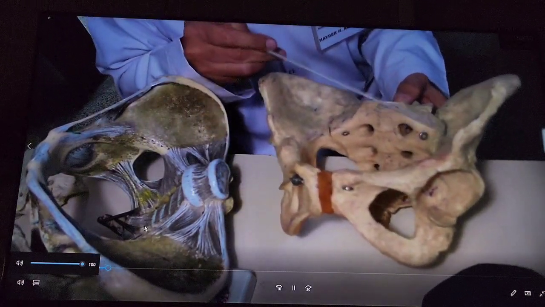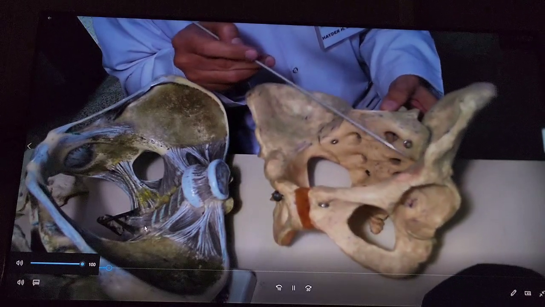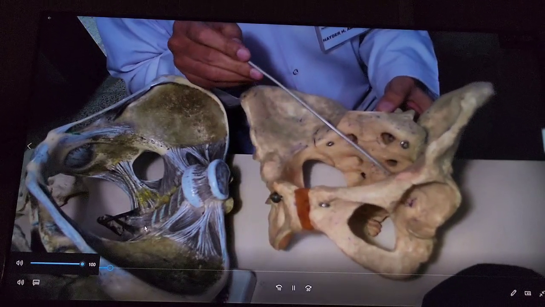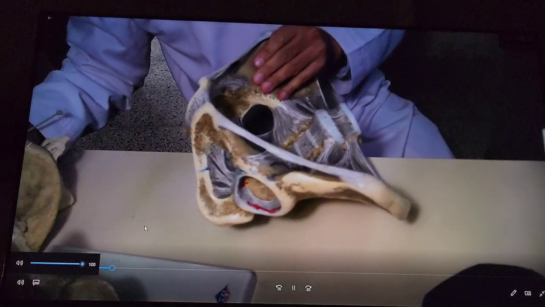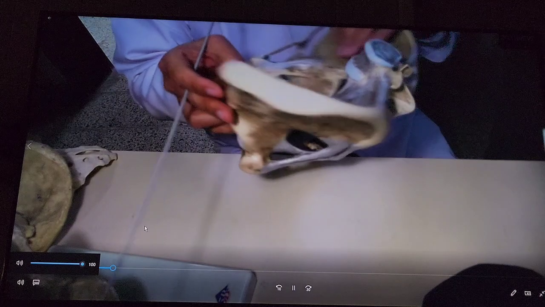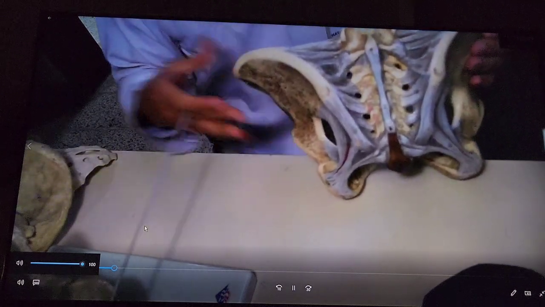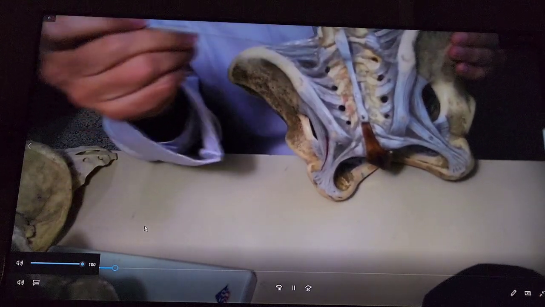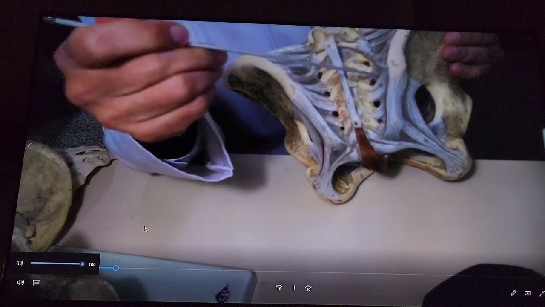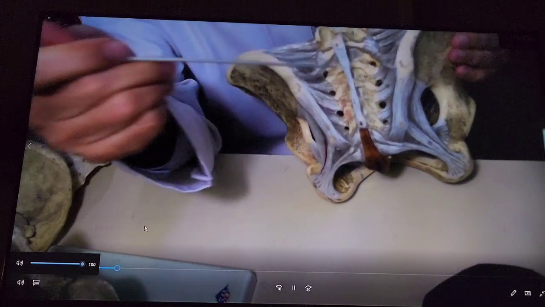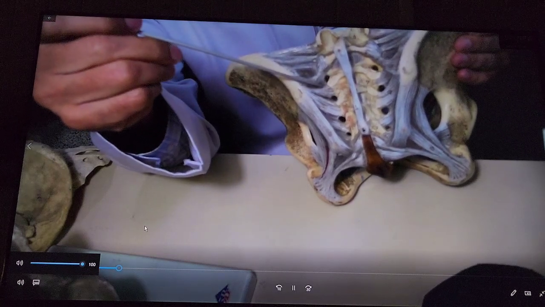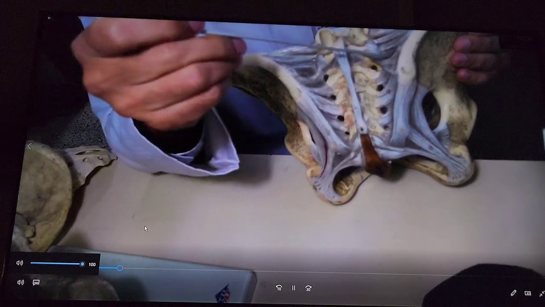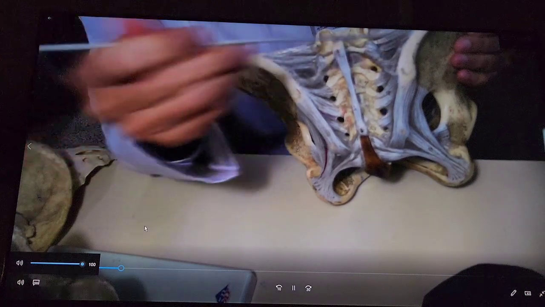The stability of the sacroiliac joint is provided mainly by a ligament, especially the strong posterior interosseous sacroiliac ligament, which suspends the sacrum between the two iliac bones.